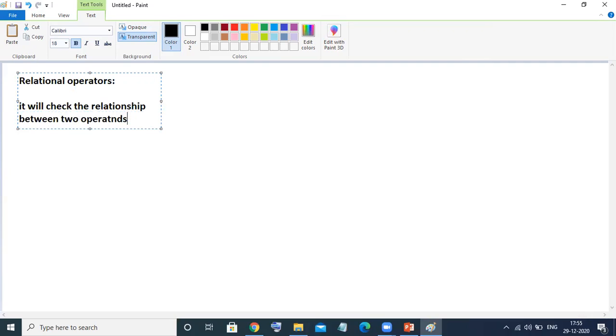It will check the relationship between two operands and will return true. If the relationship is true, it will return the value 1, or it returns false, and the value for false is 0. 0 means false and 1 means true.